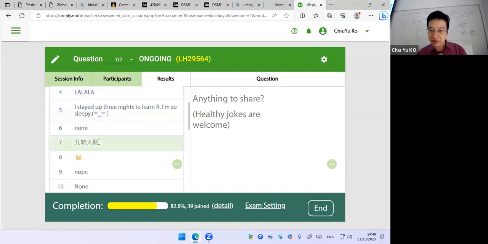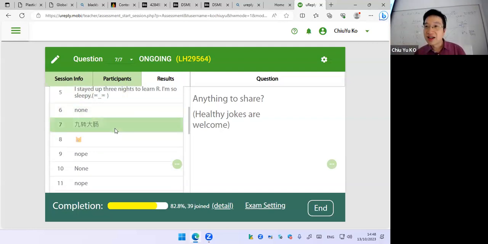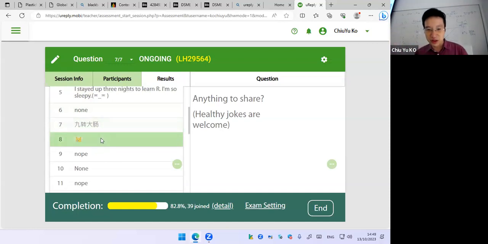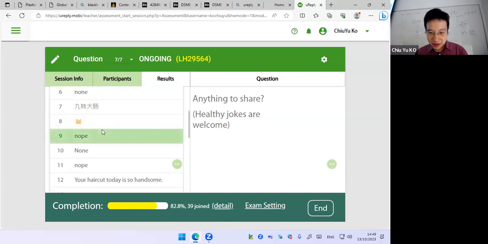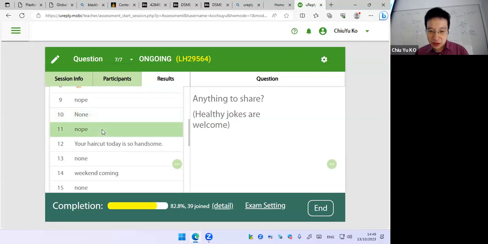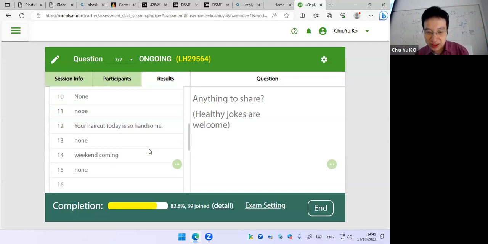This is something I don't understand, but is it a joke or what? I thought it was some kind of food, right? Okay, not that. It's not healthy, right? Okay, I think everyone mentioned my haircut, but I don't think I slept very well, so my hair goes up.